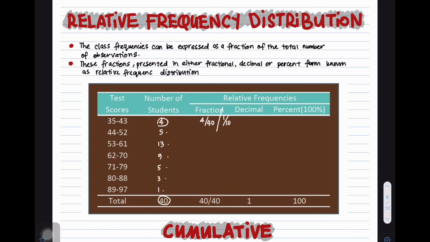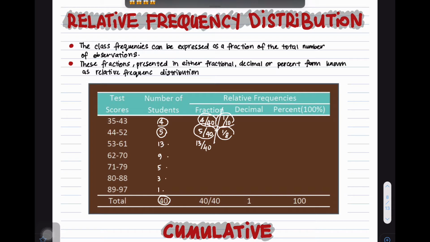So untuk kita tulis frequency ini dalam bentuk fraction, dia akan jadi 5 per dengan total number 40. This one is 13/40. So 5/40 ni pun awak boleh kecilkan, dia jadi 1/8. You can write either 5/40 or 1/8, both are correct.